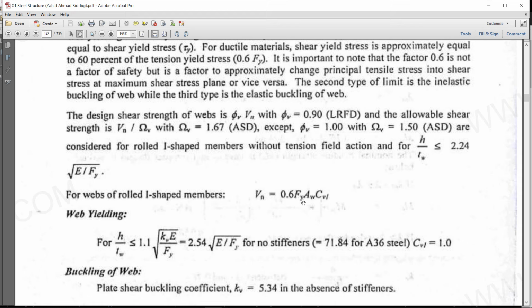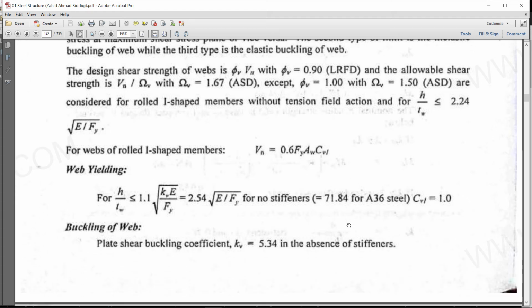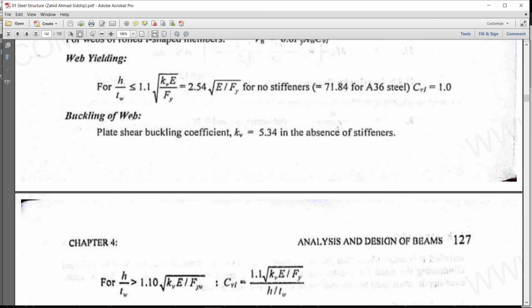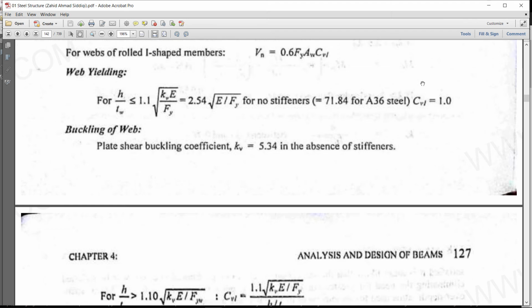If our web yielding criteria is satisfied, then we will take Cv1 equal to 1 in the shear capacity formula.